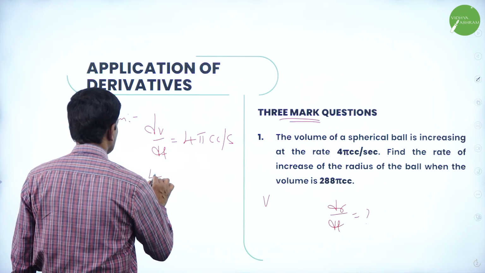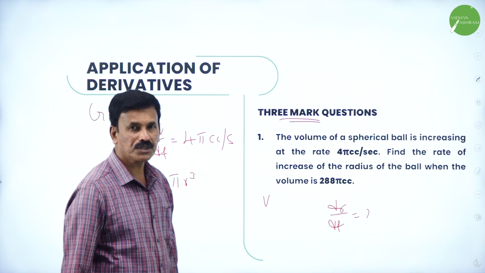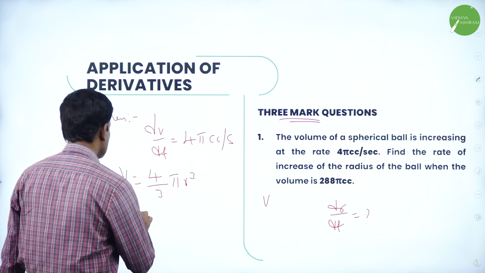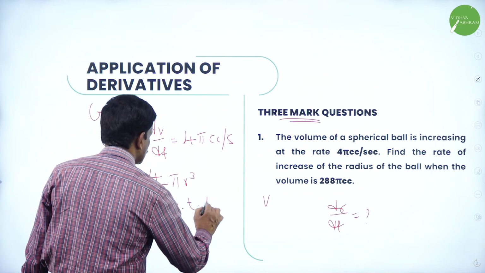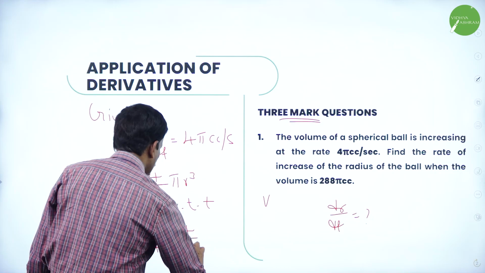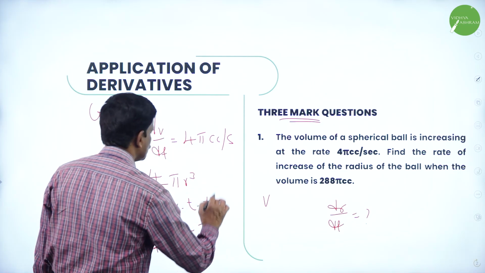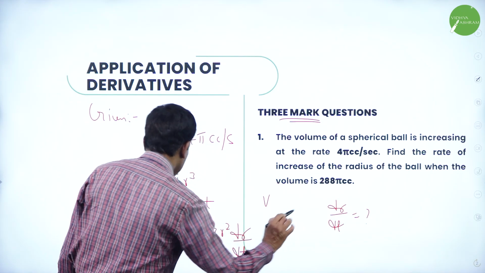Volume is equal to 4 by 3 pi r cube. Now let us differentiate this with respect to t. dV by dt is equal to 4 by 3 as it is, pi as it is. Differentiation of r cube is 3r square dr by dt.